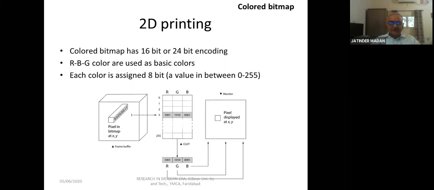Here, in place of black and white, we have a mixture of 3 colors, that is R, G, and B. These are the basic colors, and for each color you have 8 bits. So 256 options for red, 256 for green, and 256 for blue.